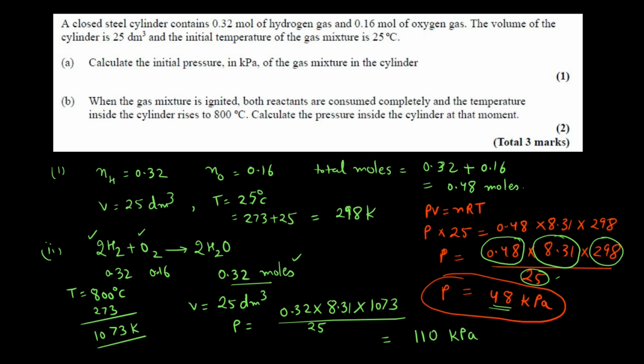Yeah, so this is the answer. So why are we reporting our answer in two significant figures? Because this is two significant figures, this is three, this is four, this is two. We have to report our answer in the least significant figures when we are doing multiplication and division. So this is the answer.